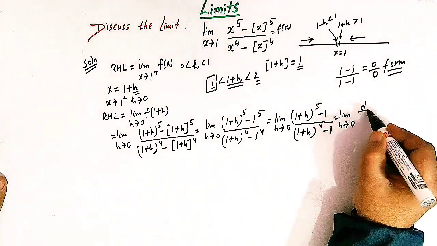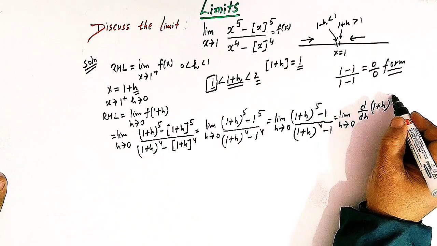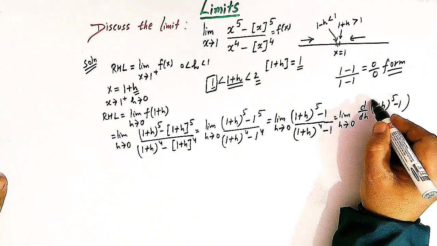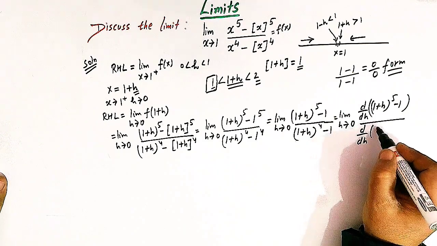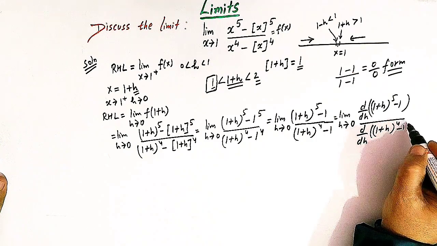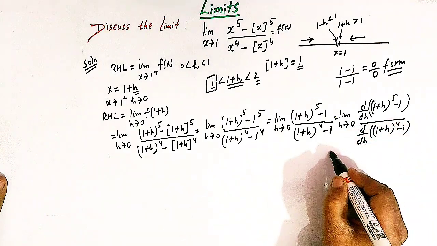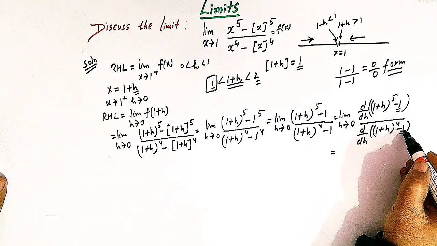So now we have the derivative of (1 plus h) raised to 5 minus 1, and here we have the derivative of (1 plus h) raised to 4 minus 1, right? Okay, so now the derivative of 1 is 0. Here also the derivative of 1 is 0.